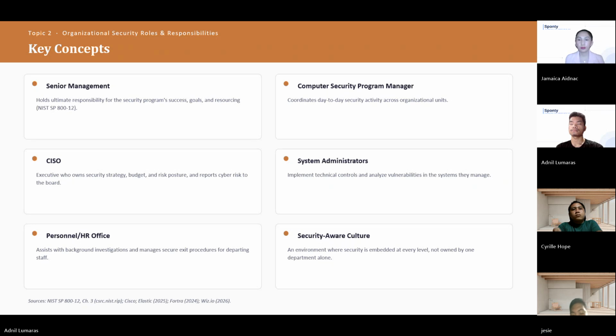So the fourth, shared and everybody responsibilities. Even with dedicated specialist roles, security responsibilities extend into departments not traditionally seen as technical. NIST SP 800-12 notes that personnel officers help determine what background checks are needed and manage secure offboarding. For example, making sure that a departing employee's system access is revoked promptly, which is a common and often overlooked security gap.